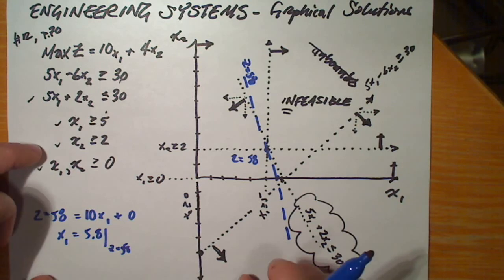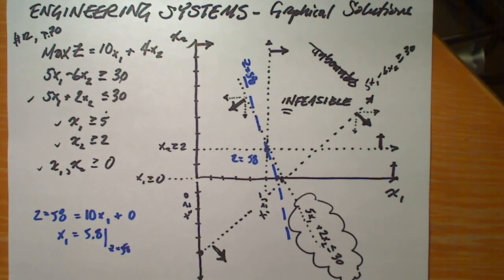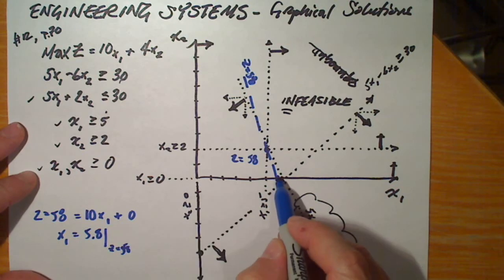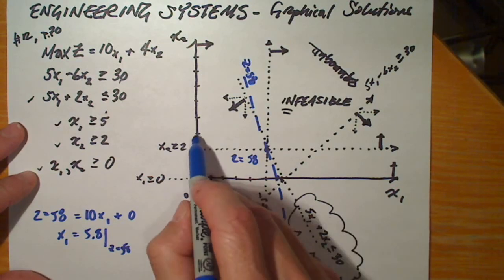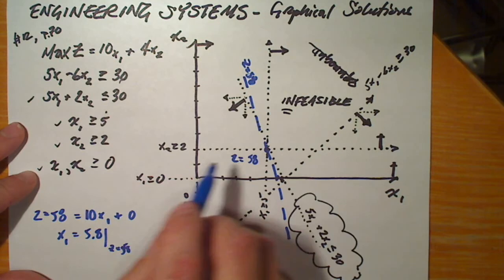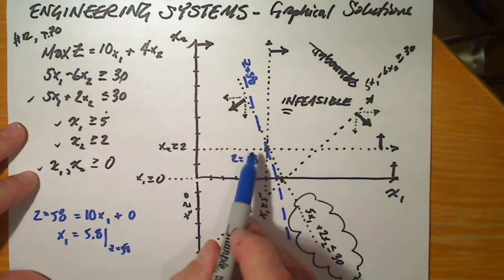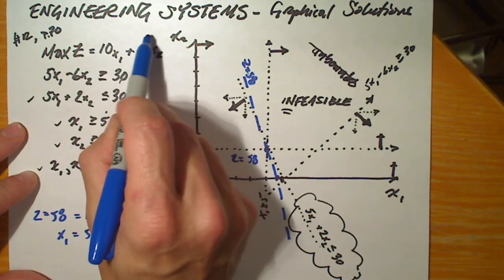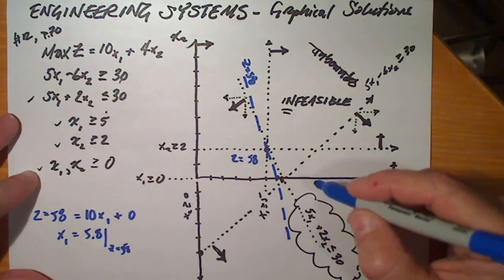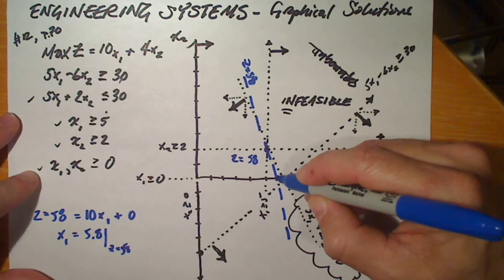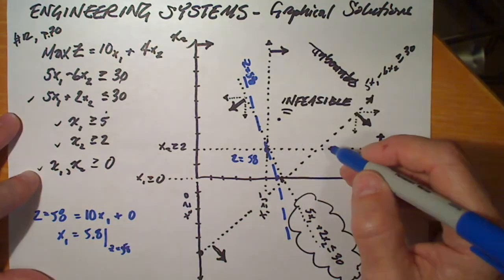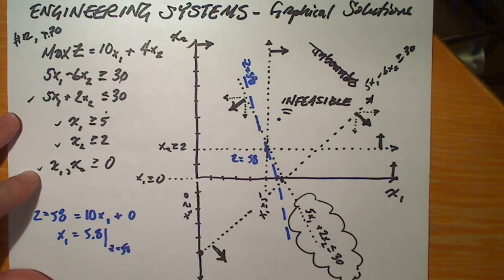We could choose a different combination. We could choose, for example, let's take 6 and 1, 2, 3, 4. x1 equals 6 and x2 equals 4. That would be 60 plus 16 is 76. So this value, boom, that's z equals 76.